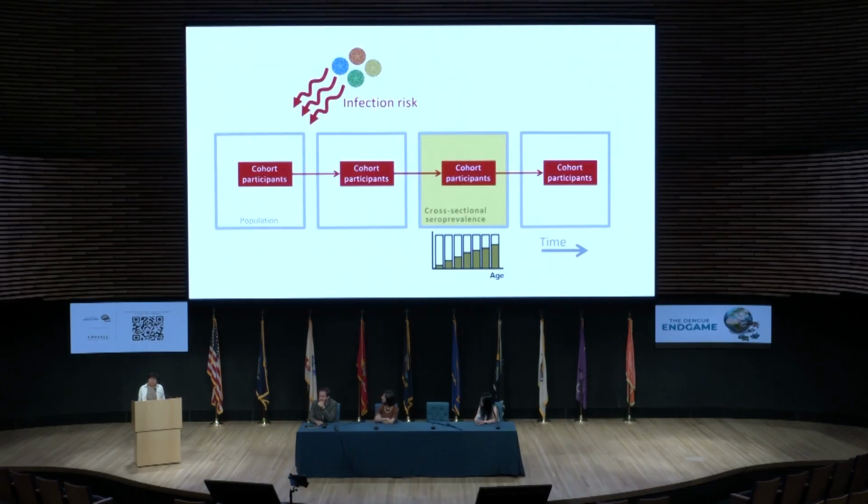Okay, so how do we get at infection burden, though? I hope that I'm not wrong, but ideally, if we had all the resources in the world, we would install cohort studies in all the communities that we love, and we would monitor them to our heart's content, and find people who seroconverted, whatever that new tool might be, and then we'd be able to see what the infection risk is in this population, given that it's representative of the population.